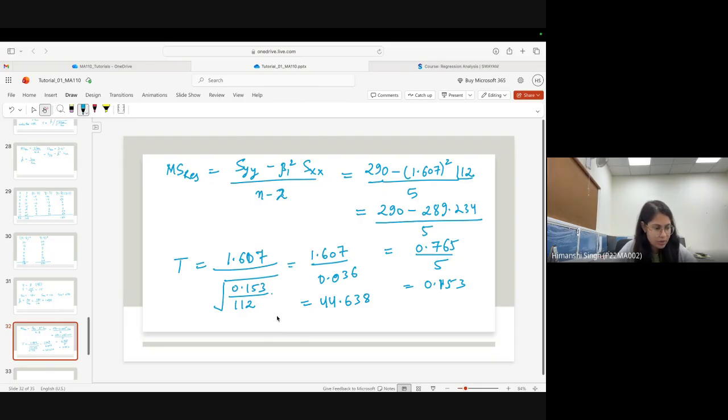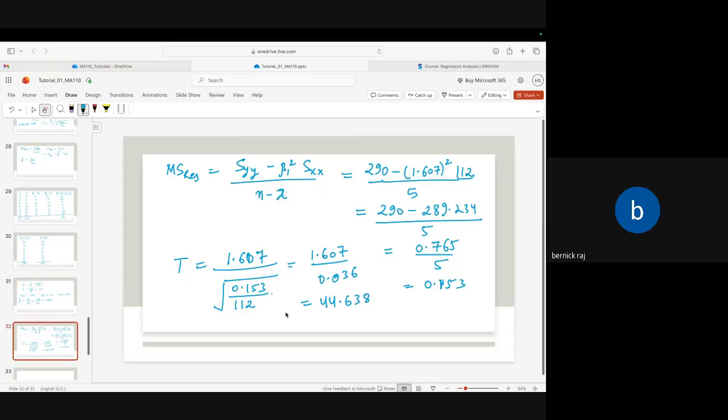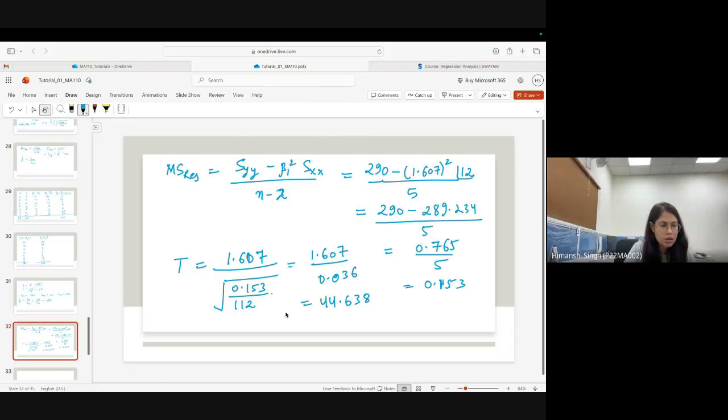If there is a little difference, then it is fine. So this is the value we are getting for this statistic.